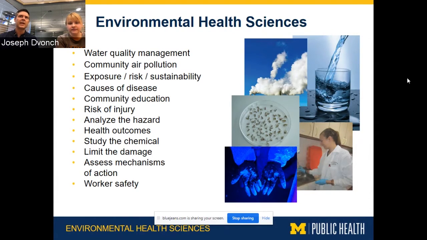We have the slide up again just as a reminder of how many different directions you might be able to go. And, we didn't talk about it this morning, but the courses that you take here, you are not in any way restricted to environmental health sciences or even the School of Public Health. Our students, and we encourage them, take classes in the School for Environment and Sustainability. They take classes on environmental law in the School of Public Policy.